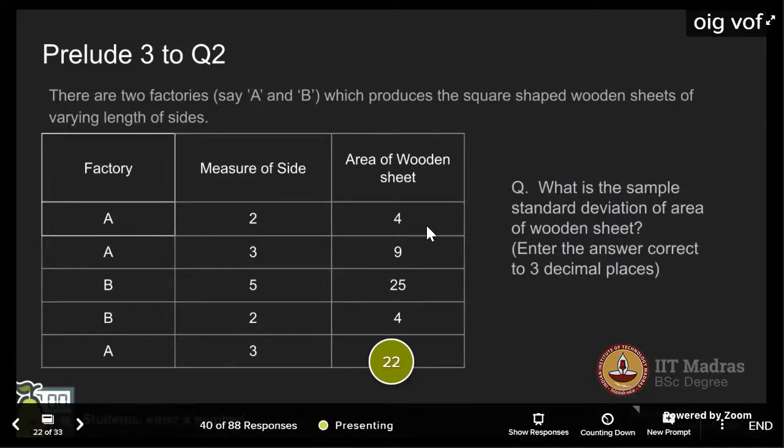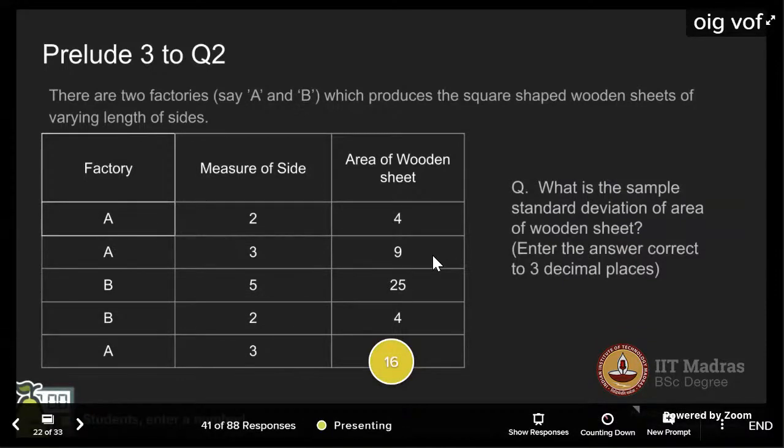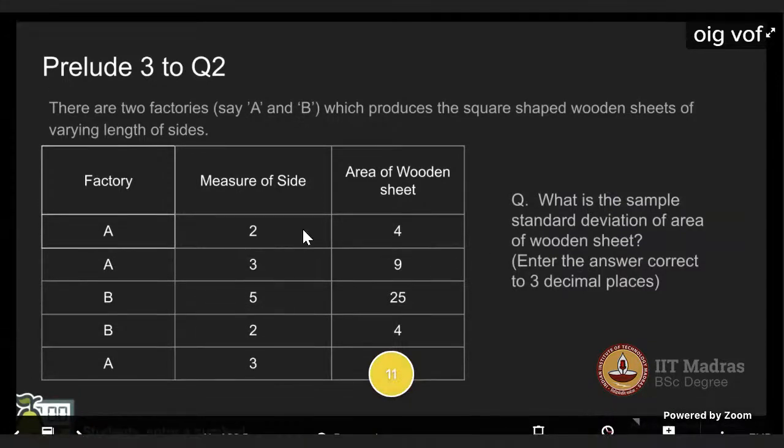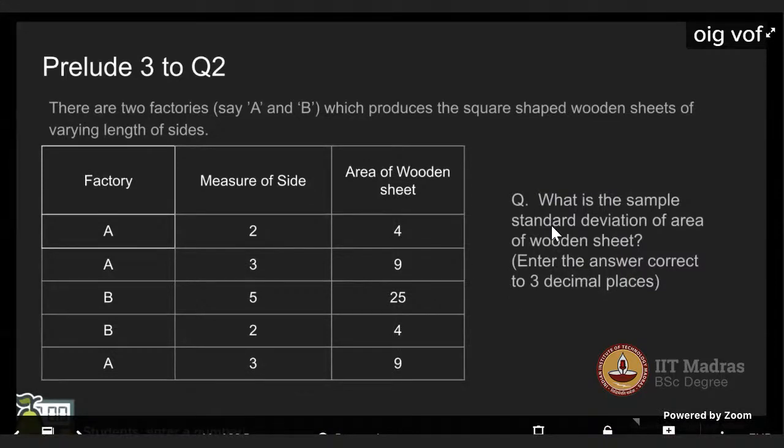Okay, just 15 seconds more, and we will move to the solution. I think the formula we have already discussed.